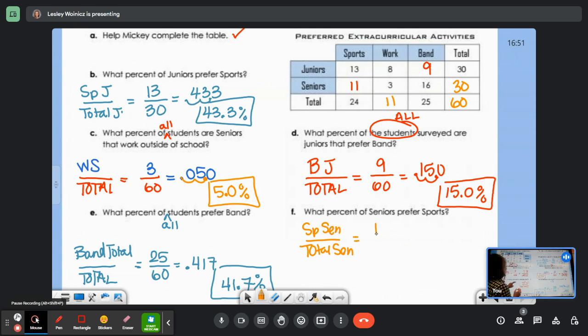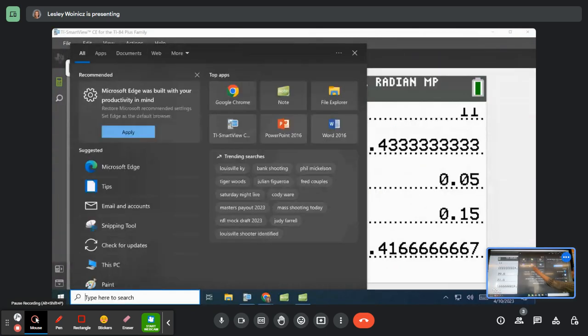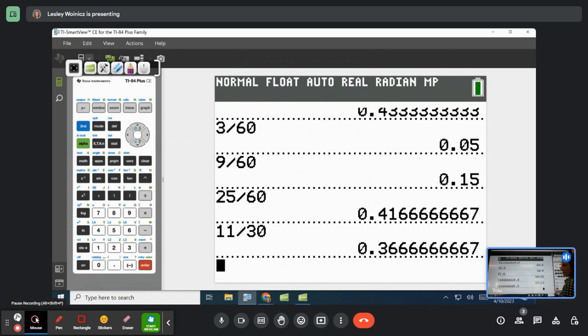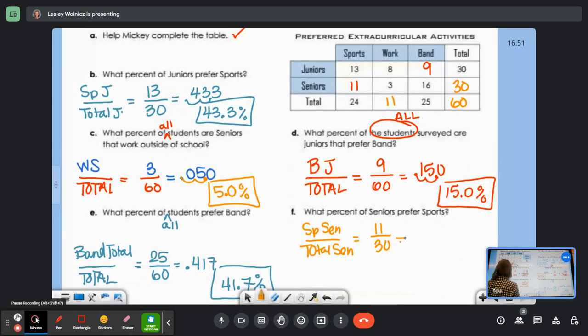So there's 11 sports seniors and 30 total seniors. So 11 divided by 30. Okay, I'm getting 0.367. Moving the decimal point over twice, multiplying by 100 to convert to a percent, I get 36.7%.